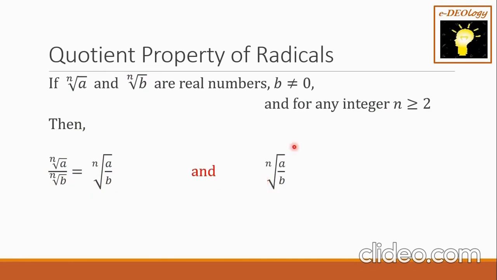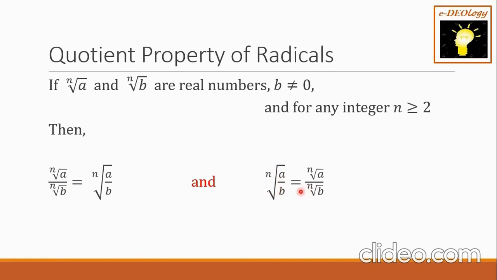Suppose I have a big radical with an index n, and inside the radical is a fraction A over B. To simplify this using the quotient property, we distribute the radical to the A and to the B respectively.